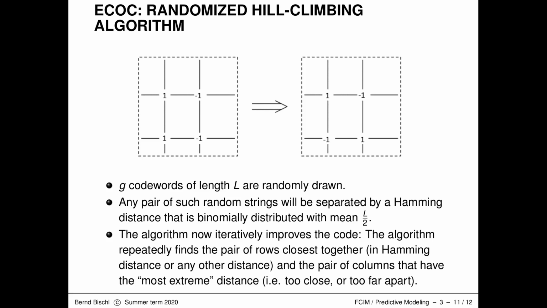And now I'm trying to iteratively improve the code by doing the following. The algorithm repeatedly finds the pair of rows which are closest together in Hamming distance. So maybe this row here is closest to this row. And I will now also find the pair of columns that have the most extreme distance. Either they are too close together or they are too far apart.